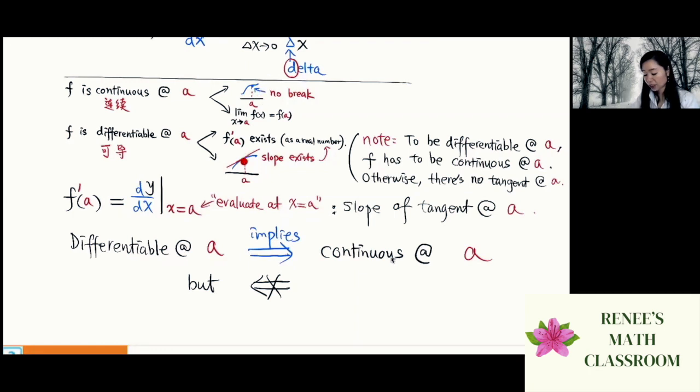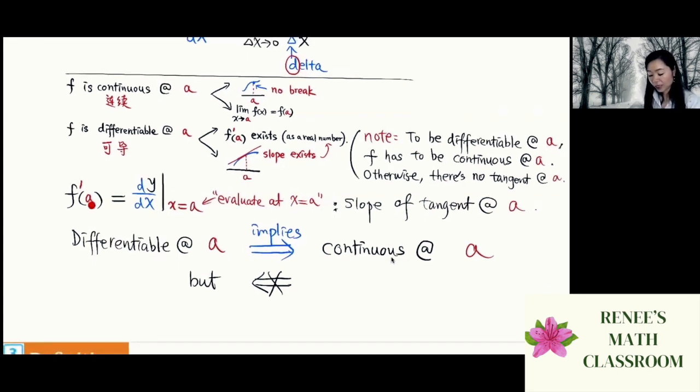Otherwise, there's no tangent at a. So differentiable requires continuous. Differentiable at a requires the function to be continuous at a, but continuous at a doesn't imply differentiable at a. Okay, we'll see. I'm going to give you one example later on.